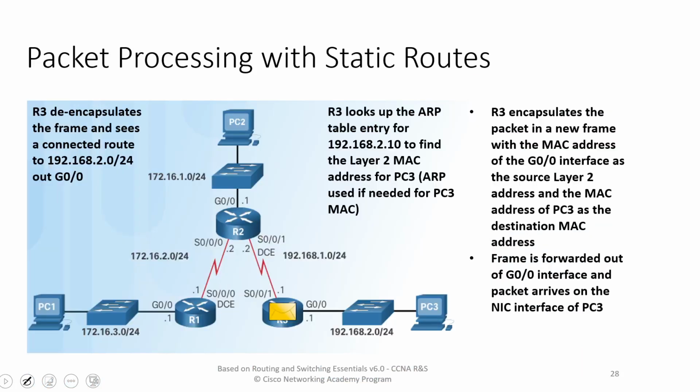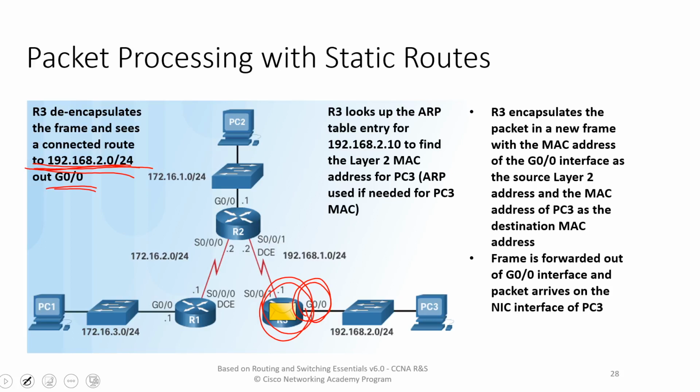Then when it arrives at router 3, it can de-encapsulate and see it is for a network that is directly connected to a particular interface of that router. So this particular network is directly connected to this interface, and the router knows it can send it there.